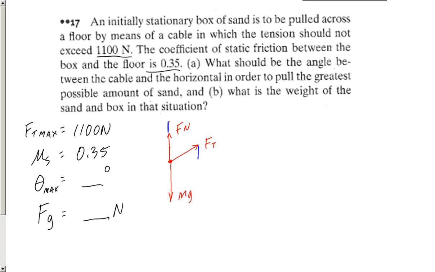And we need one more thing because this is, after all, a friction problem. So we're going to be able to pull this thing with the greatest possible amount of sand. And the assumption here would be that the thing is not accelerating. It doesn't say anything about that, but we'll say this would be the kinetic friction force.